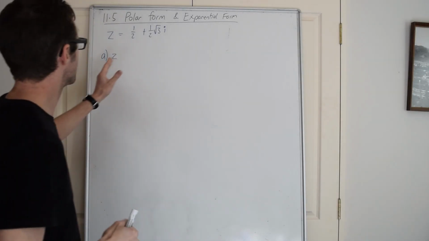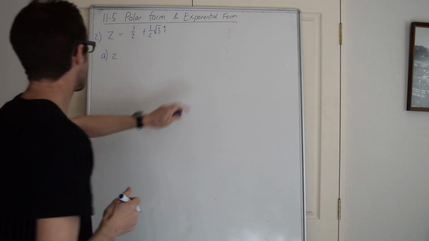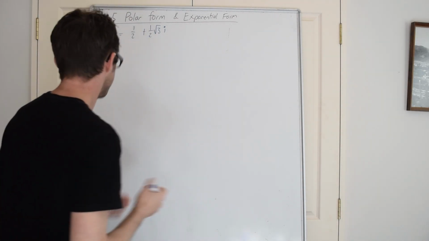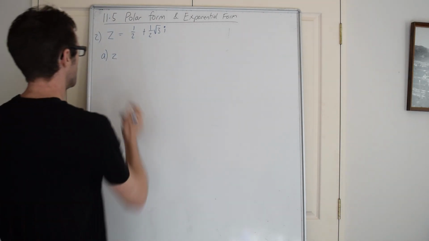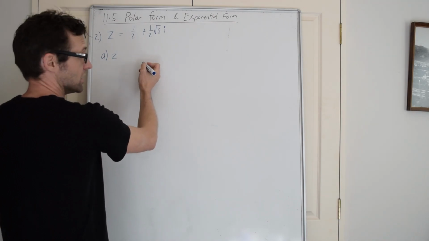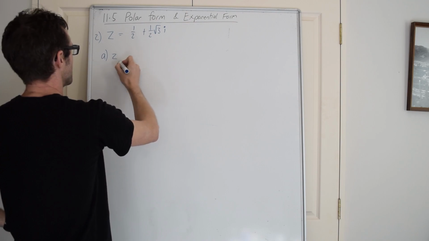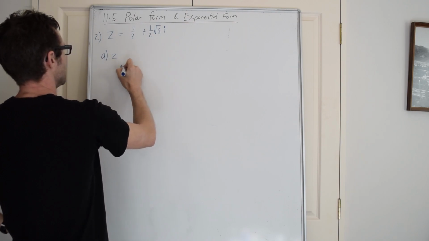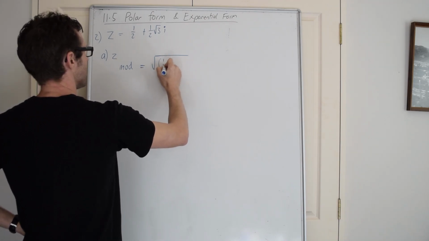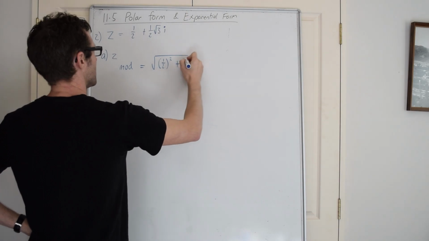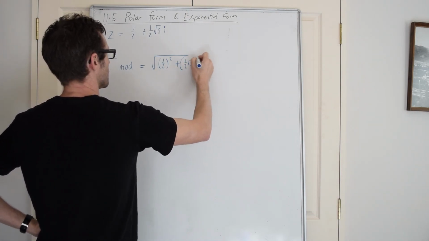Alright, so let's move on to question 2. We're given that z is equal to half plus half square root 3 i, and they want us to find the modulus and the argument in each case. So for z, the modulus is going to be the square root of 1/2 squared plus, big bracket, 1/2 square root 3 all squared.